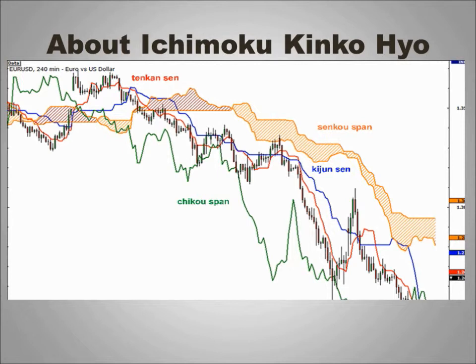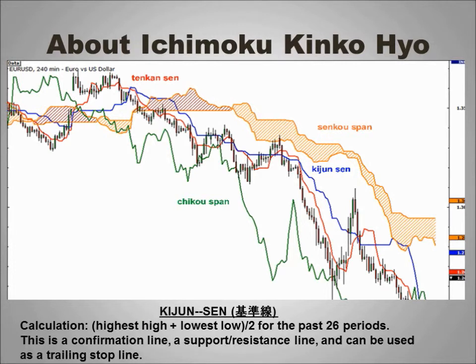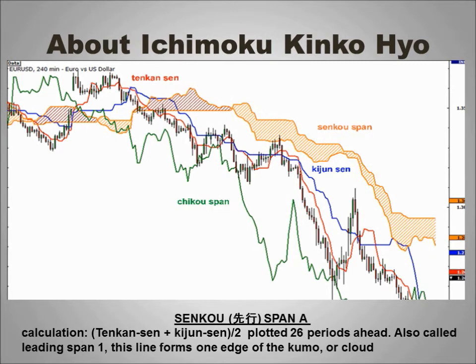Also, it has some examples of moving averages and can even give us an indication as to which direction trends might move. So this line, the Tenkan-sen, is an example of a moving average, and the Kijun-sen averages out the closing volumes.